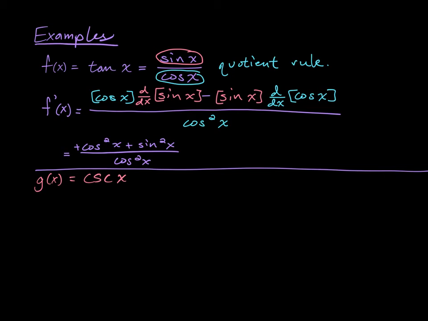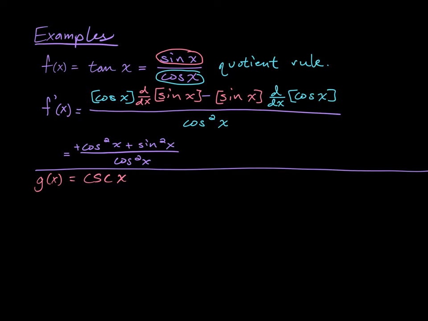And that's because when you take the derivative of sine of x, you get a cosine x. Cosine x times cosine x is cosine squared x. And the derivative of cosine x is negative sine x. And since this would be a negative sine of x times a sine of x, but you're subtracting that, you'd end up with a positive sine squared x.